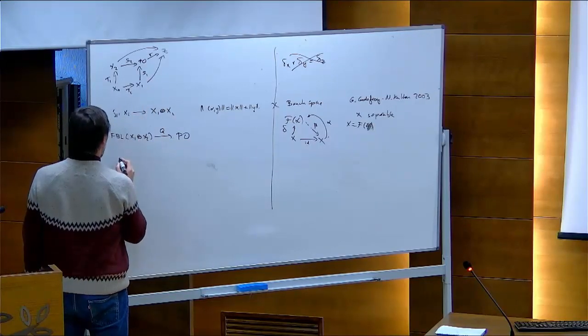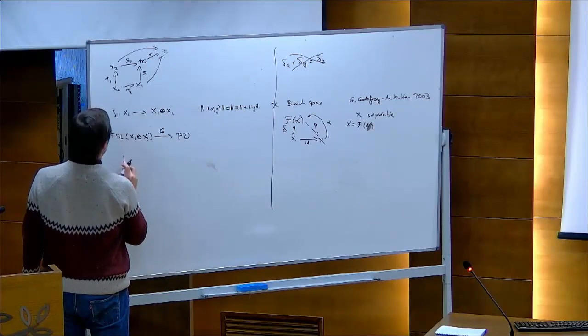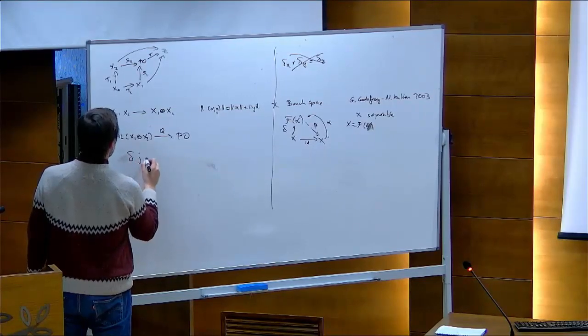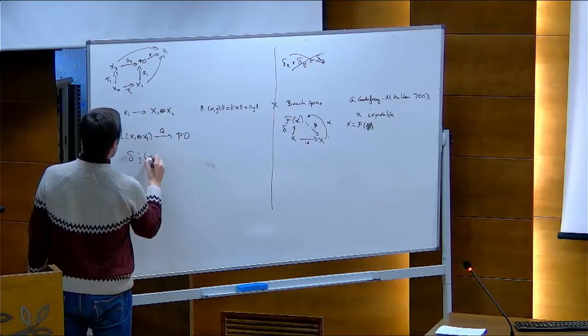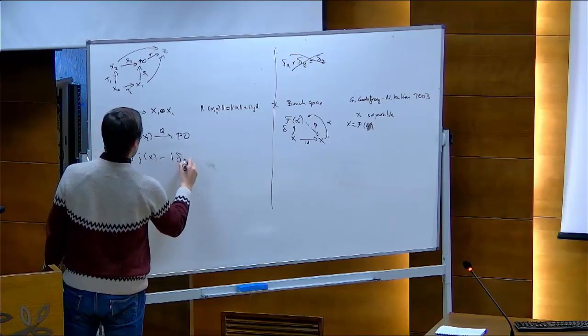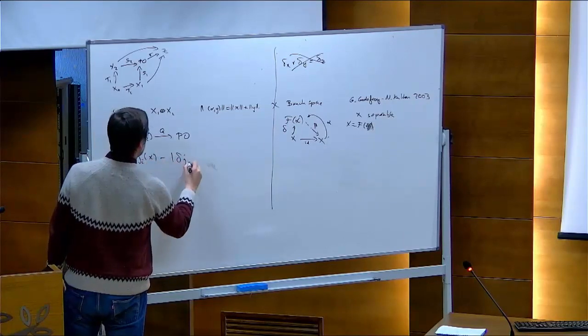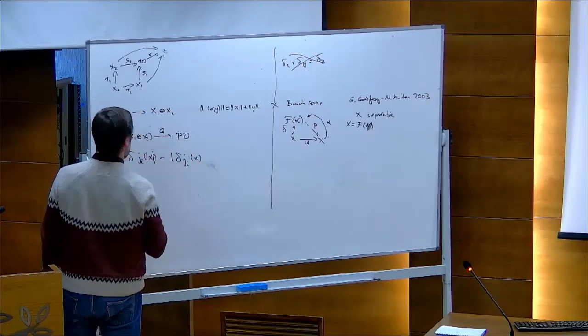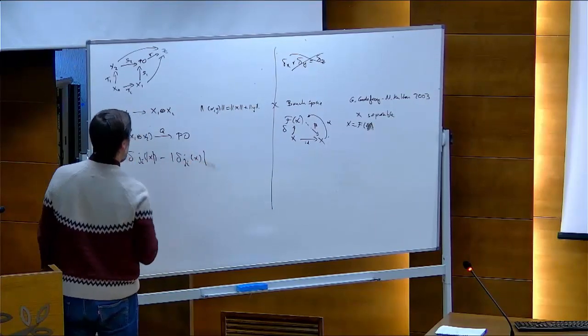So I have to consider elements of the form delta of J_i of x minus the absolute value of delta of J_i of x, with an absolute value inside and an absolute value outside.